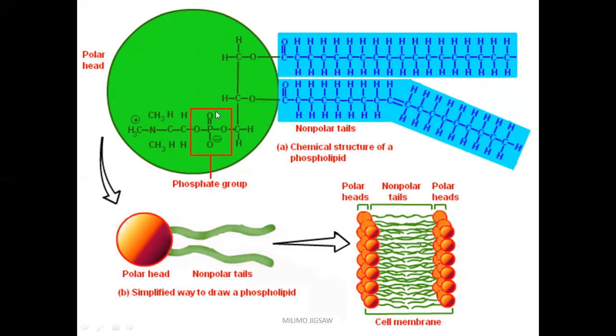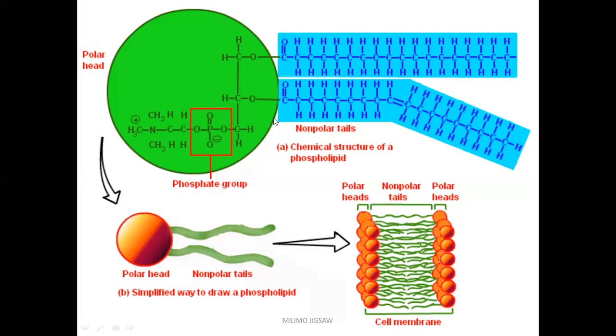And then remember I said that the third component is a phosphate group attached to a charged organic molecule, for example, choline. So this part is the head and it is polar or hydrophilic, while this part is the tail and it is hydrophobic. Interestingly enough, when we compare the phospholipid to the triacylglycerol, the phospholipid seems to be a modified triacylglycerol.